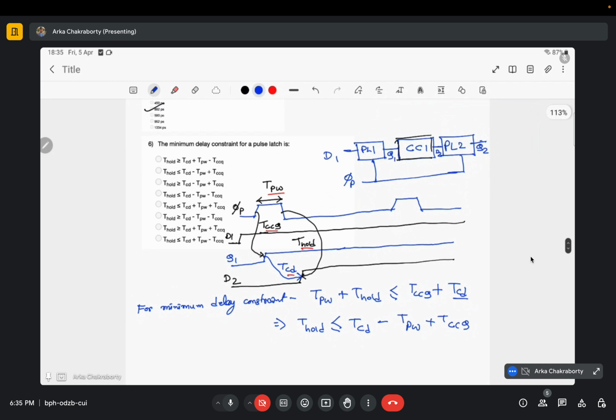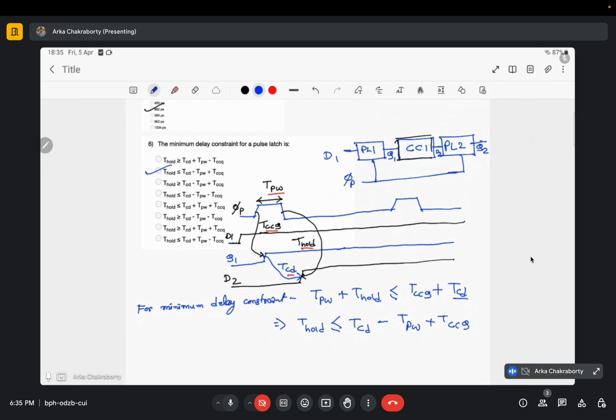Clear? So which one satisfies this condition? This one.